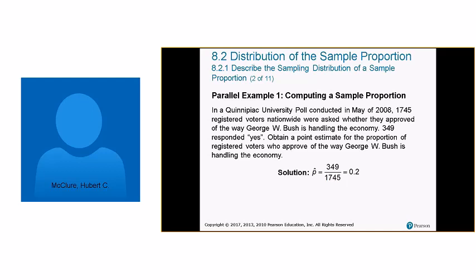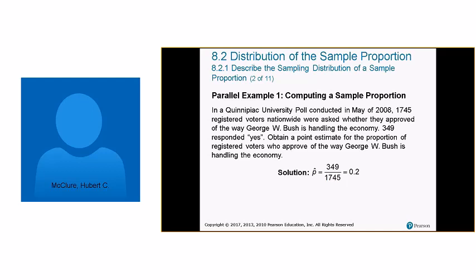Conducted in May 2008, 1,745 registered voters nationwide were asked if they approved of the way W is handling the economy. 349 responded yes. So therefore, p-hat is equal to 349 over 1,745.